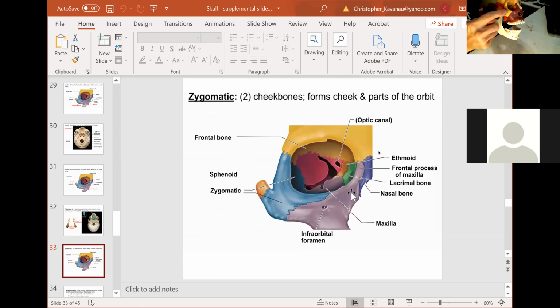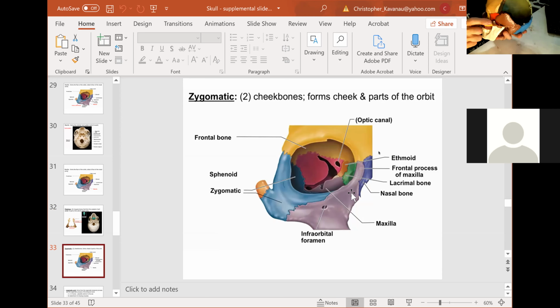Use my finger, a little bit easier. It's a zygomatic bone. And go to the other side, and that's a zygomatic bone here in yellow. Okay. And you can see it's got all sorts of processes. Remember these processes that are kind of reaching out like arms, different parts of the skull, they call these processes.